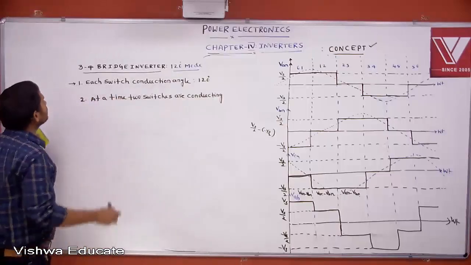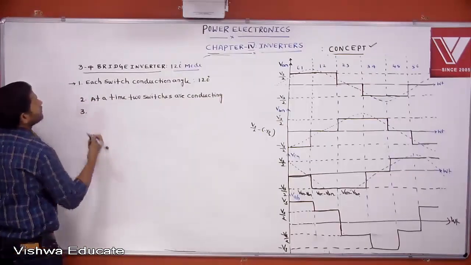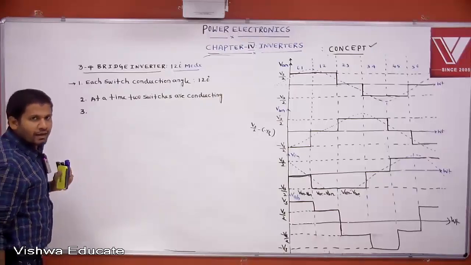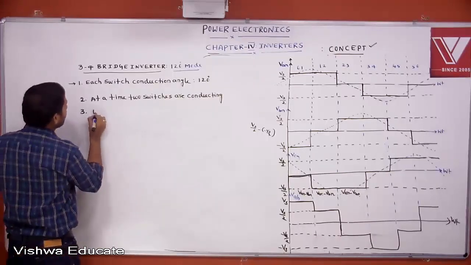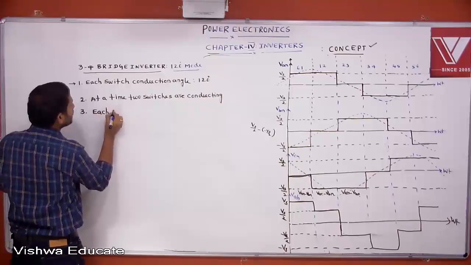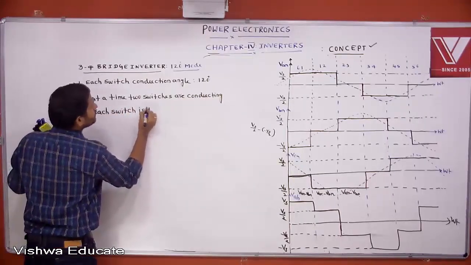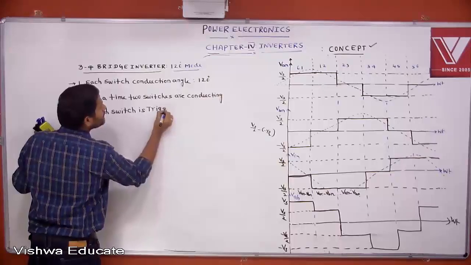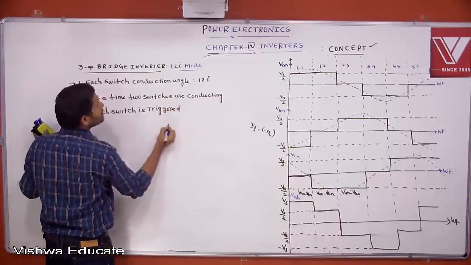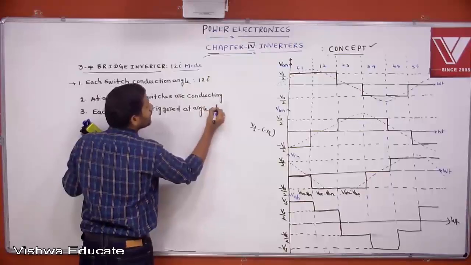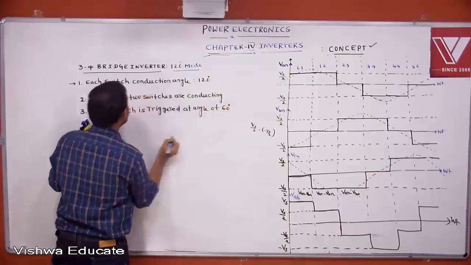Third one: each switch is triggered at an angle of 60 degrees. How much angle? 60 degrees. Each switch is triggered at an angle of 60 degrees.